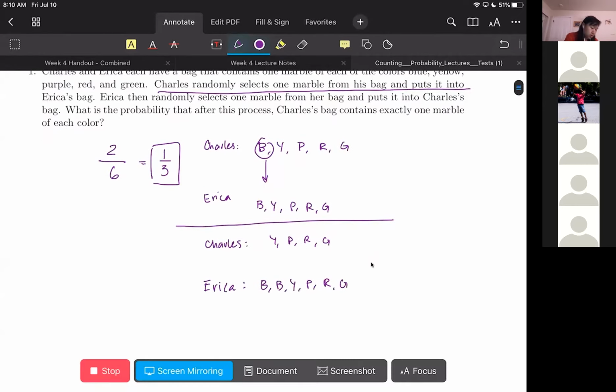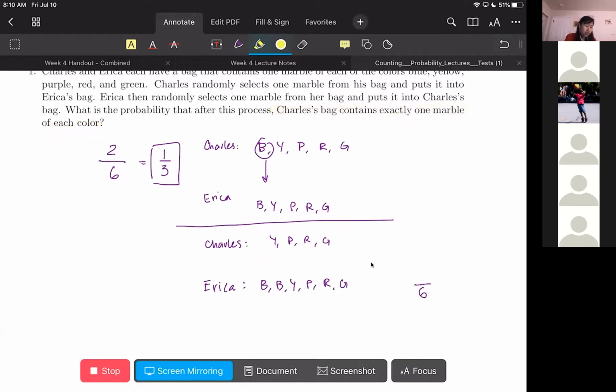And in the second step, it says Erica then selects one marble from her bag and puts it into Charles's bag. That means Erica will have one of 6 total choices. Then we have to see which of those 6 choices would result in Charles's bag containing exactly one marble of each color.